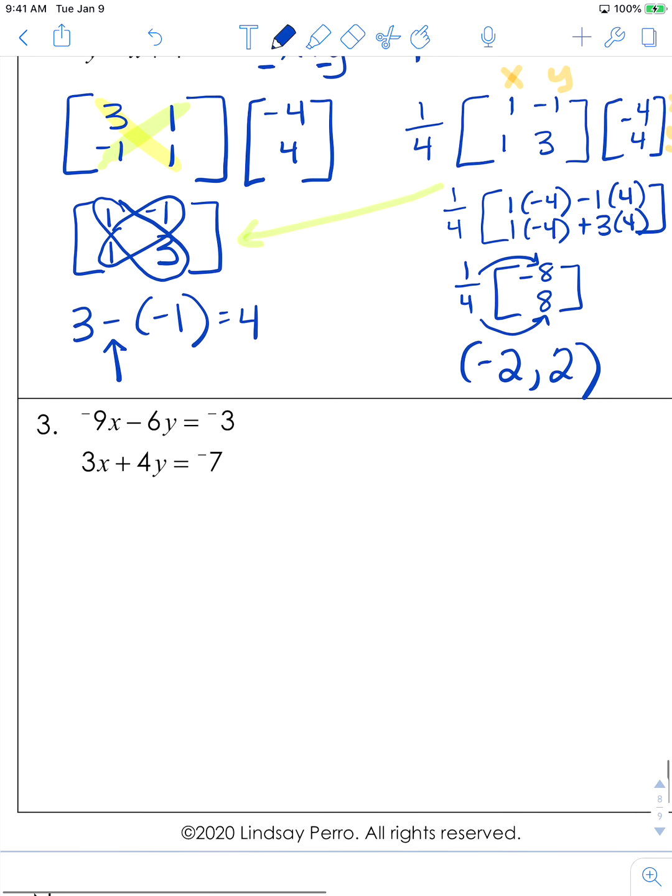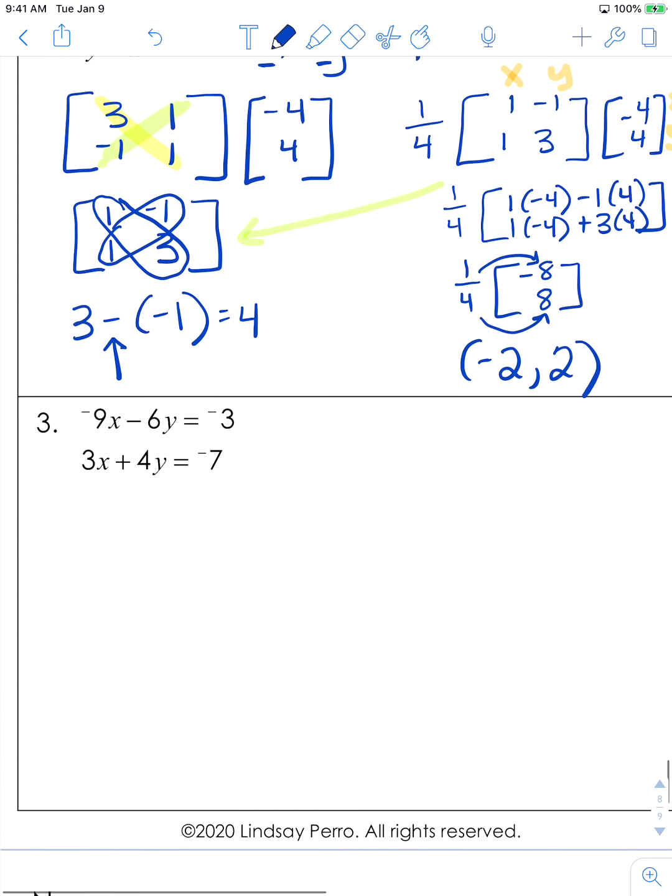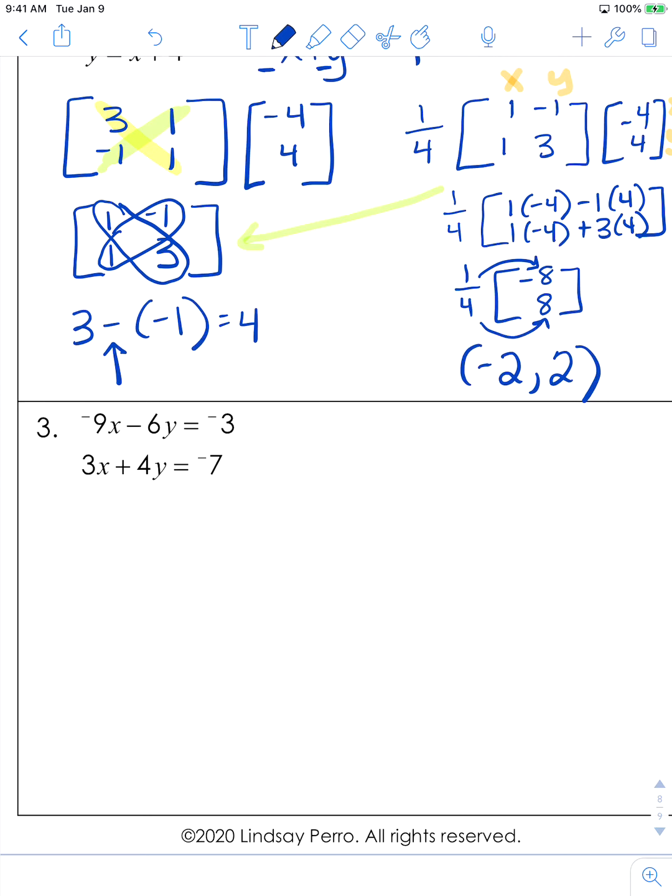Okay, we'll go through 2 more of these. So I'm going to try without all the highlighting this time. So -9, -6, 3, and 4. Let me move this a little closer. And -3 and -7.